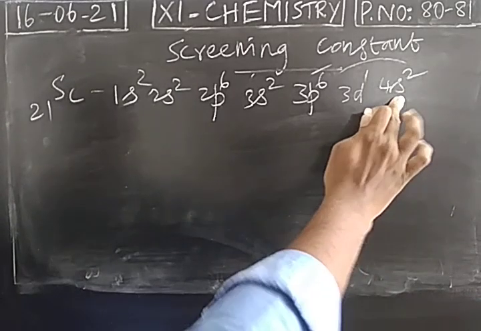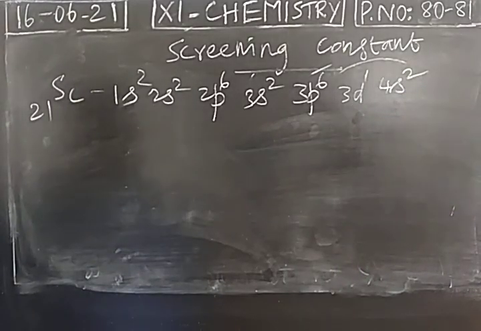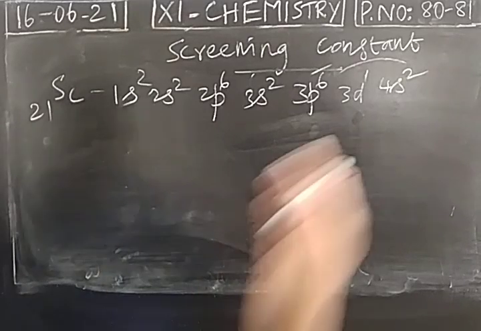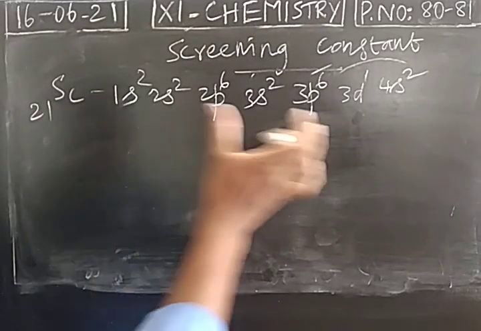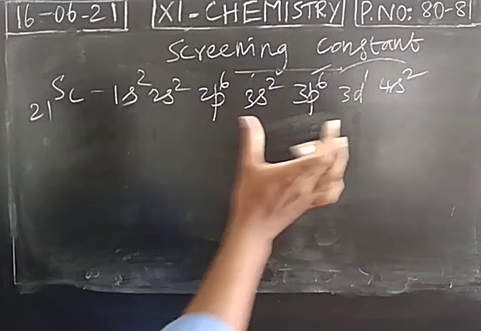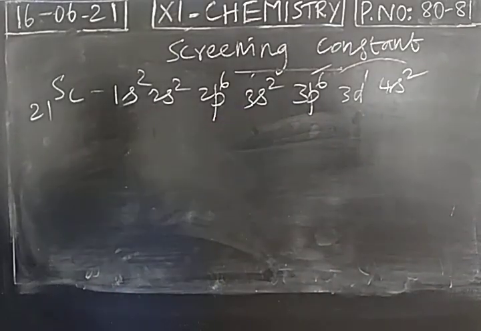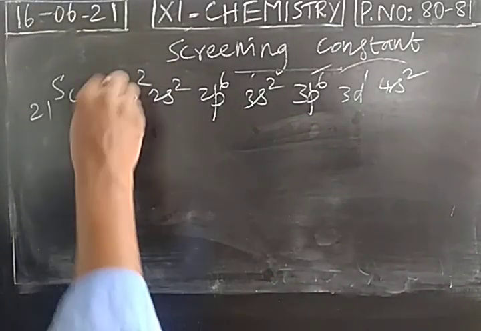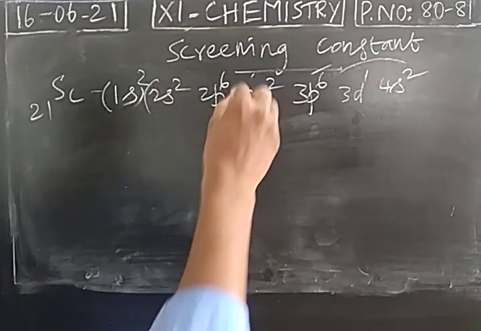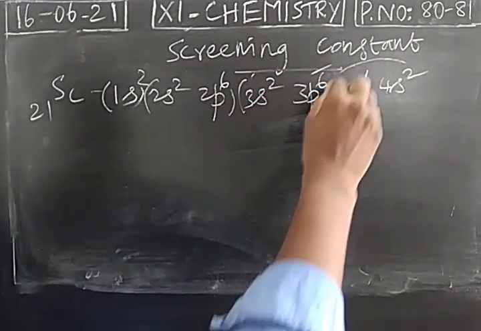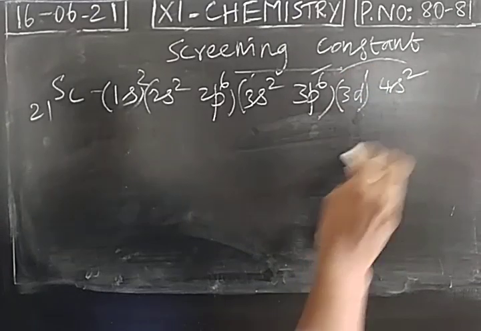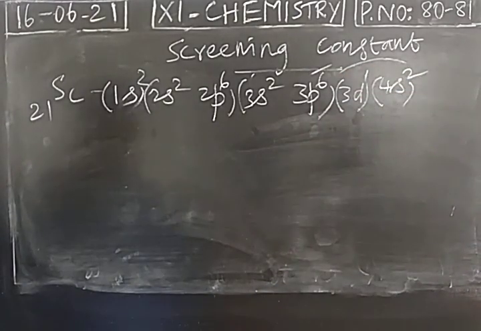Actually 4s orbital will be filled, then d orbital will be filled by the electrons. To find the screening constant, we take shell wise, first cell, second cell, third cell, fourth cell, like that we have written. So electronic configuration is written. Next we have to group it. 1s, 2s 2p one group, 3s 3p one group, 3d separate group, 4s one group.